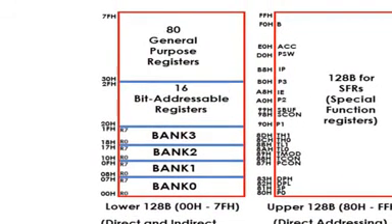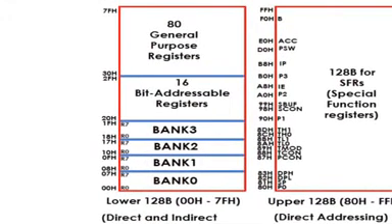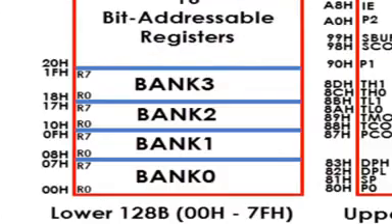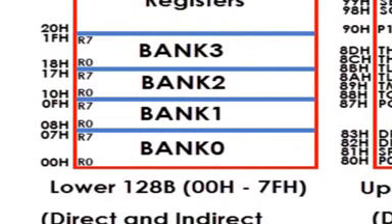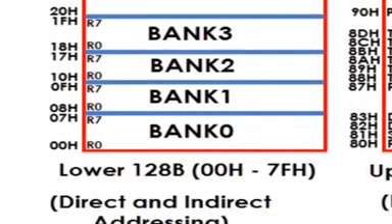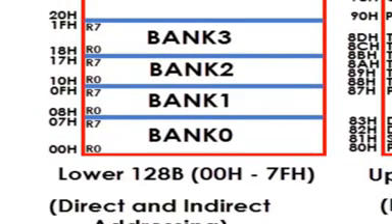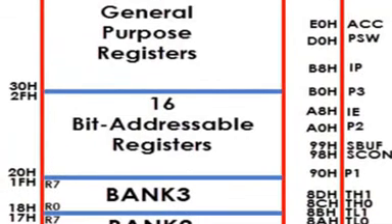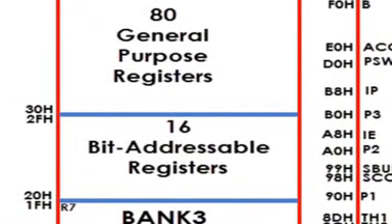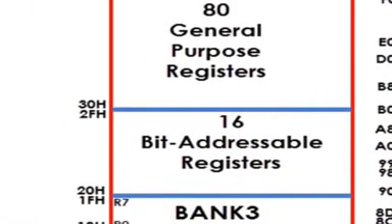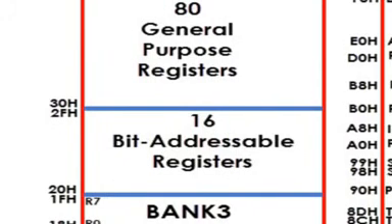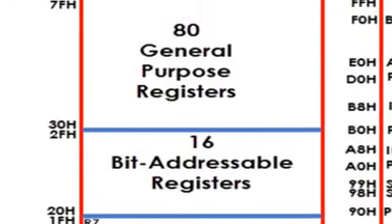Now this internal RAM is divided into three parts. The first part is from 00H to 1FH, which has 4 banks inside it. Next, the other part is bit addressable registers, which starts from 20H and ends at 2FH, that is 16 bytes of bit addressable registers.